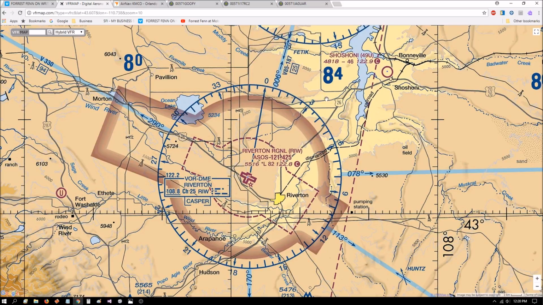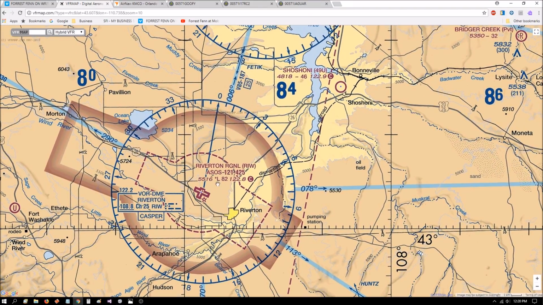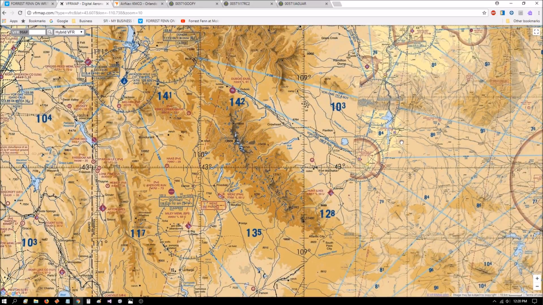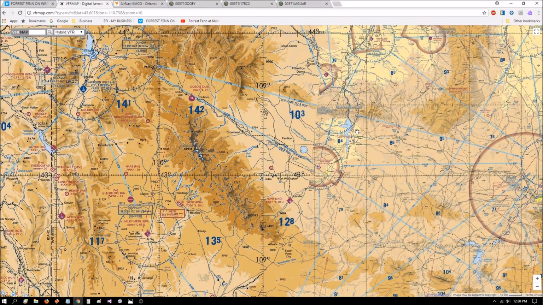Now, the NDB doesn't have, or some of them don't have, distance measuring equipment. That's what you see here, DME and VOR. If it doesn't have DME, then you can't tell how far away from it you are. You can only tell what angle it is from you.